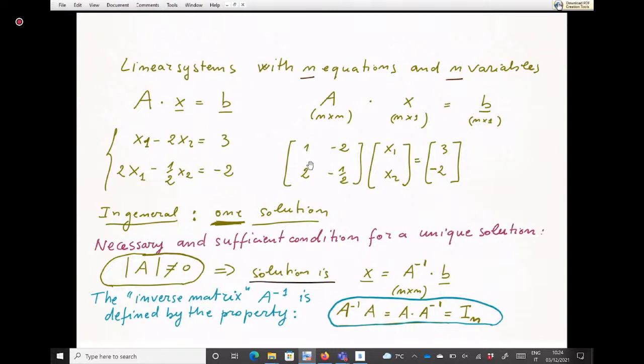The matrix 1, minus 2, 2, minus 1/2 has a determinant which is minus 1/2 plus 4. So this is 7/2. It's not 0, okay? So in this case, the system has a unique solution. Okay, let me show you how to solve this system first.